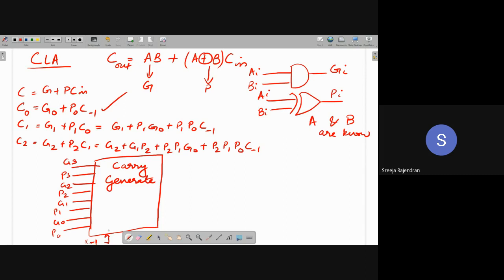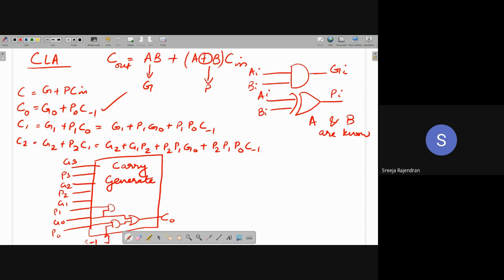So I do P0 into this, plus G0. This gives me C0. The next equation is P1 G0, so I take G0 from here.